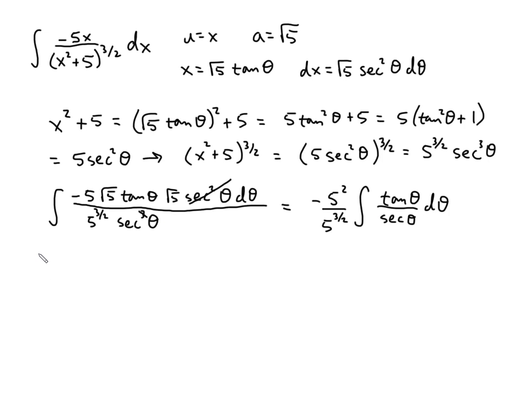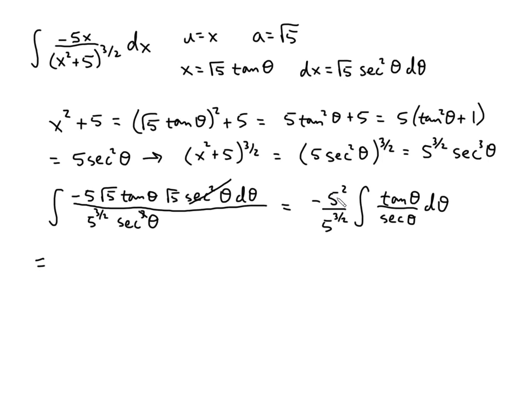Remember that tangent is sine over cosine, so tangent over secant, that's going to be sine over cosine, and then there's a secant on the bottom, that's 1 over cosine, so if you got sine over cosine over 1 over cosine, that's the same as sine over cosine multiplied by cosine. So the cosines cancel, and look what you're left with, just sine. Okay, so sine is all we've got left.